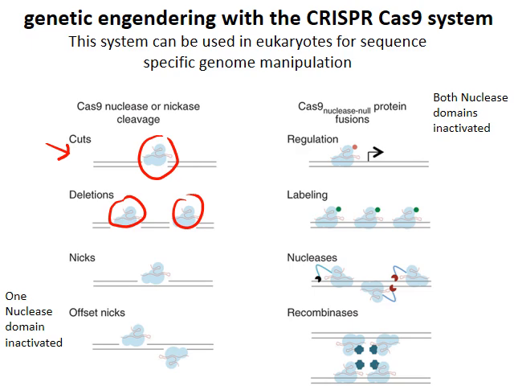If you cleave through both parts, you would end up deleting this middle section. You could also put in a Cas9 protein that has a mutation in one of the nuclease domains so that you just get a single cut in the DNA, so just one of the strands is digested. And then you could use a combination of these proteins that have this type of mutation so that you can cut through one strand over here and one strand next to it over here and end up with sticky end cuts of your DNA.